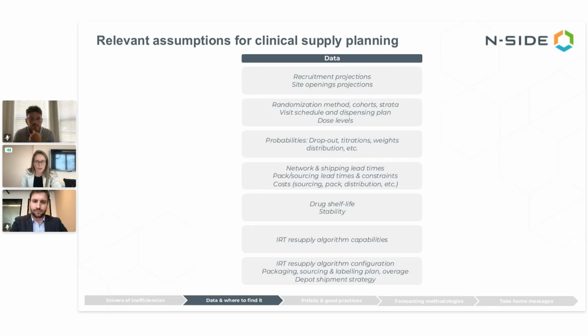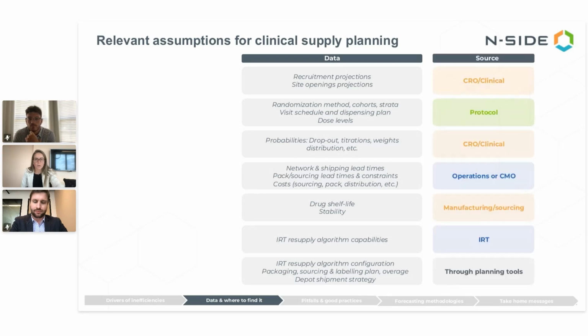And here we did the exercise of looking at the typical and common sources from where you can find this data. So you see many stakeholders, a lot of different files together, but that's the reality. Here we won't go too much into details, so feel free to take a screenshot here and we can follow up on that if that's something you're interested in.